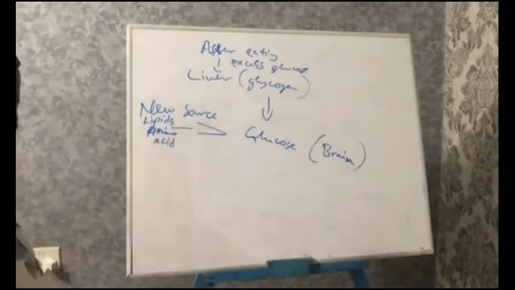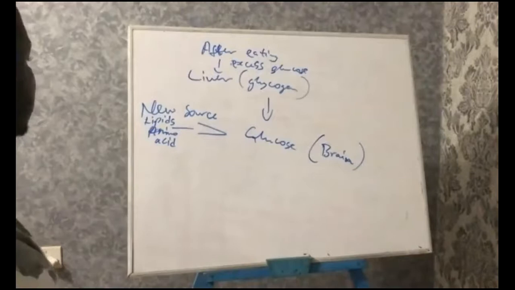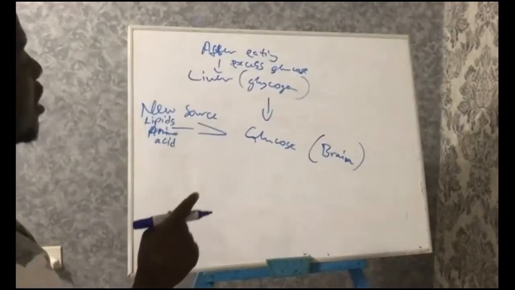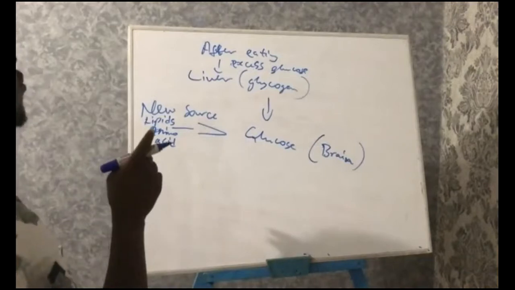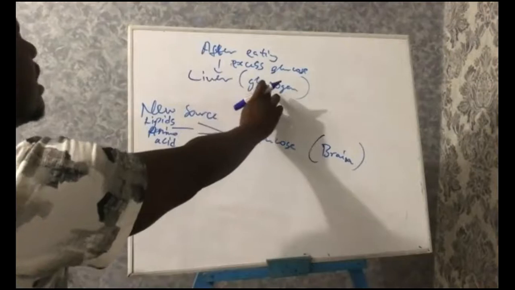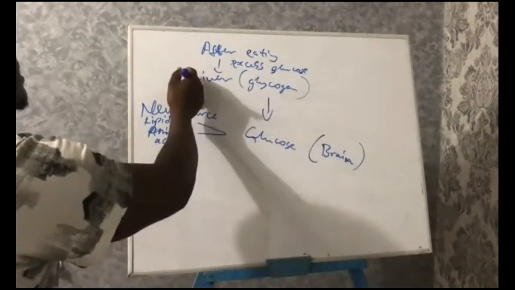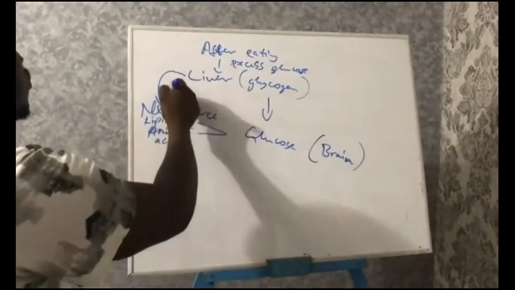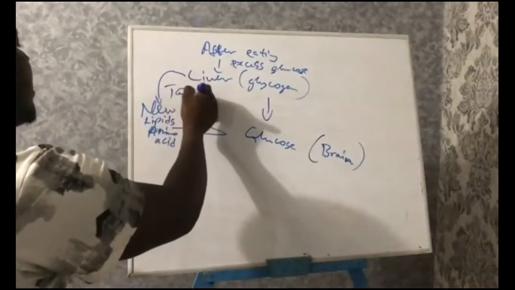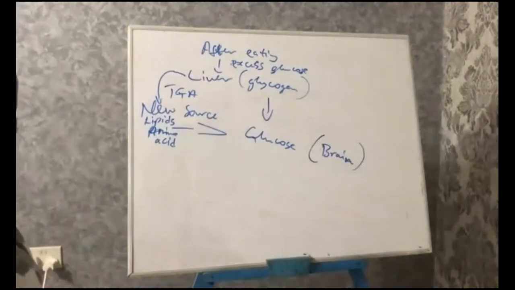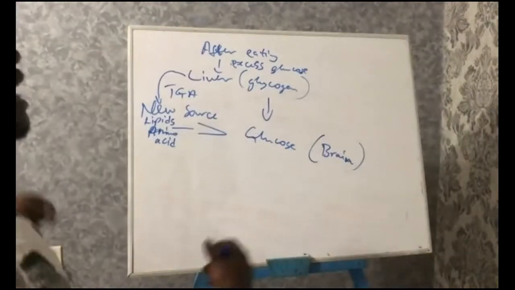Now, concerning our question, let's pay attention to the lipids, because most of the time it's the lipid that it will start from. When we have excess glucose, even after the liver has taken some to form glycogen, the excess will be used to form lipids and stored as triglycerides. That's the body fat. That makes us fat.